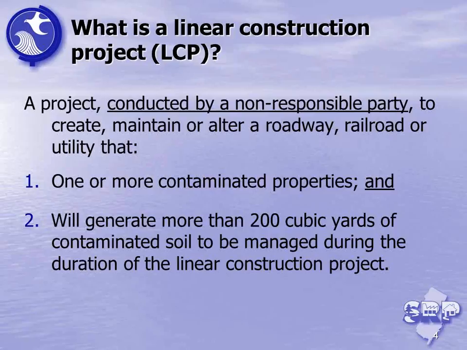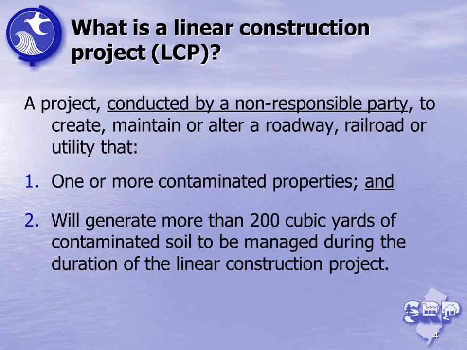There are a couple of aspects of this definition that are critical. One is that a linear construction project is a project that's conducted by a non-responsible party. That's critical. And it says to create, maintain, or alter a roadway, railroad, or a utility. So these are pipelines, cable lines, DOT roads, county roads, all kinds of things like that.